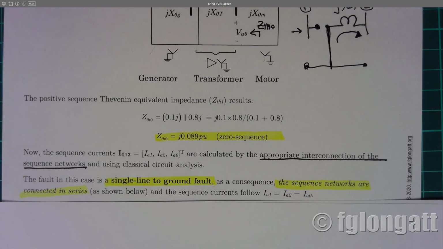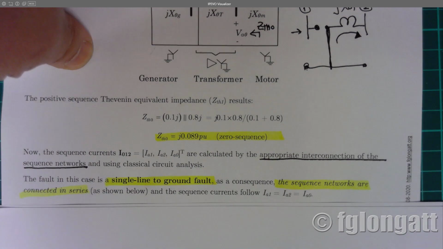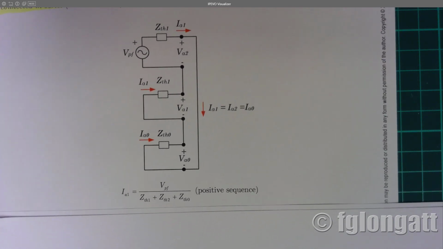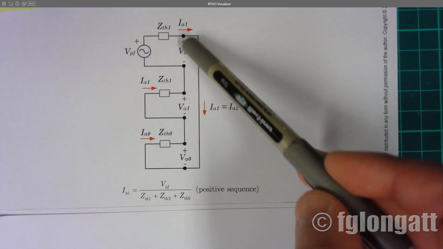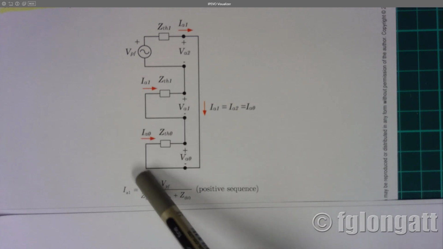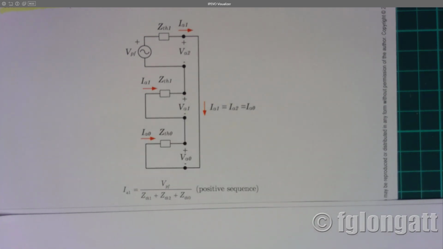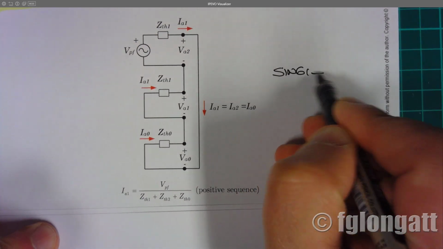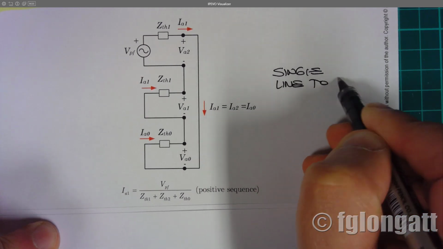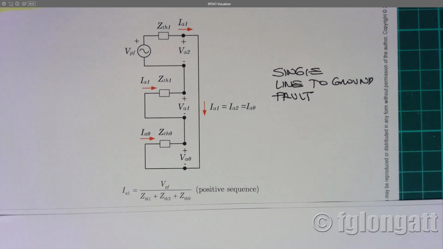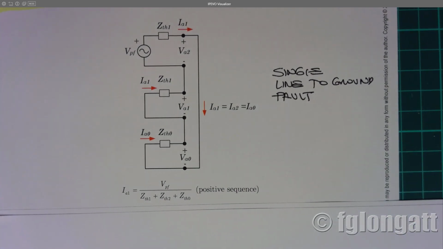And that is the next step. We will connect the positive, negative, and zero sequence networks. This is the positive sequence network, this is the negative sequence network, and this is the zero sequence network. Because we are using a single line to ground fault, that means positive, negative, and zero sequence are in series.